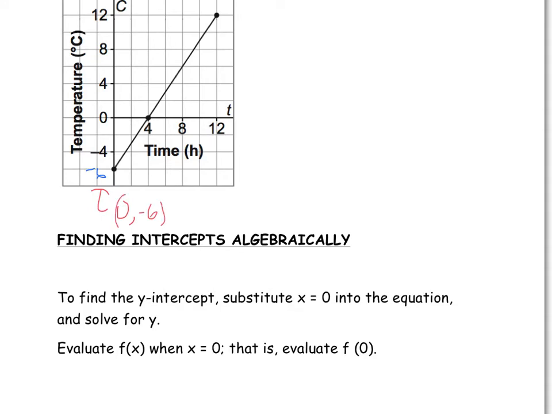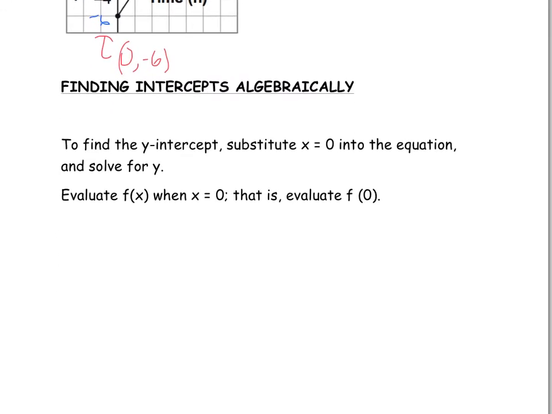The coordinates of this point over here would be (4, 0). On the x-axis, all the values of y equal 0. On the y-axis, all the values of x equal 0. So all we need to do is substitute x equals 0 into the equation and solve for y. So you evaluate f(x) when x equals 0, and that is f(0).